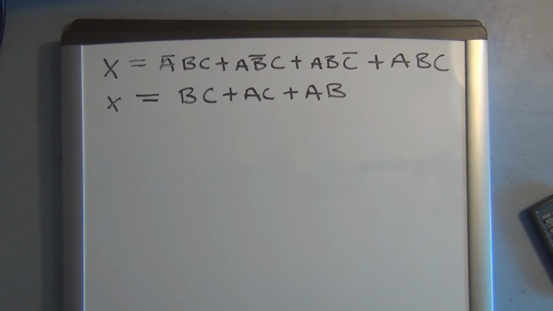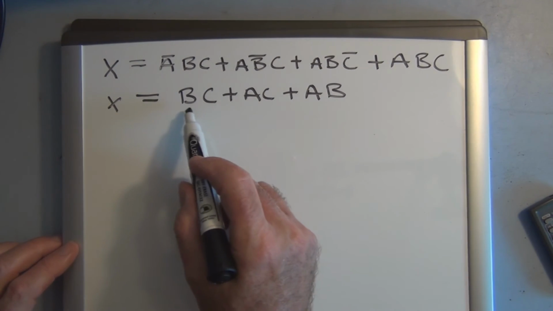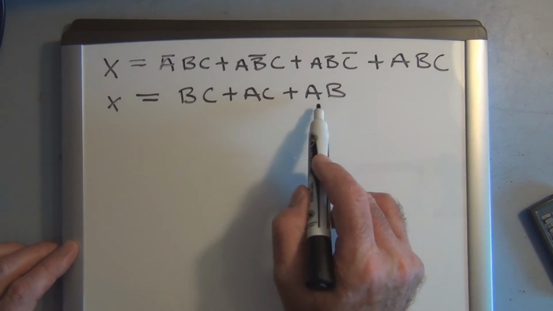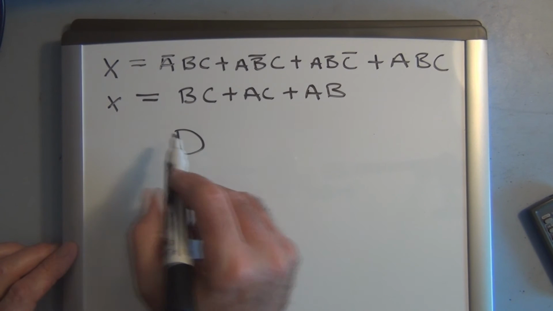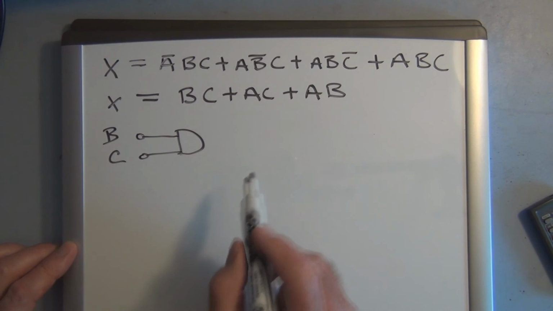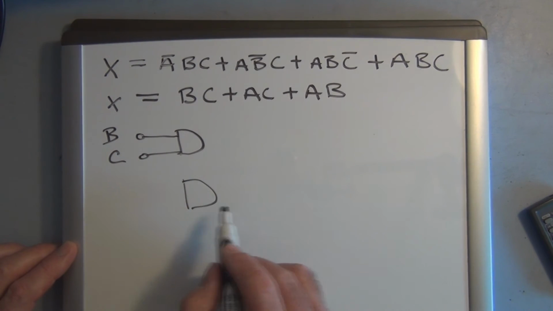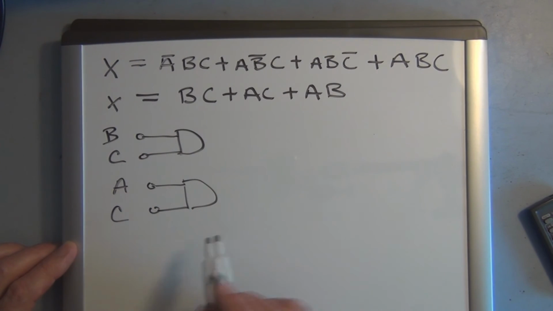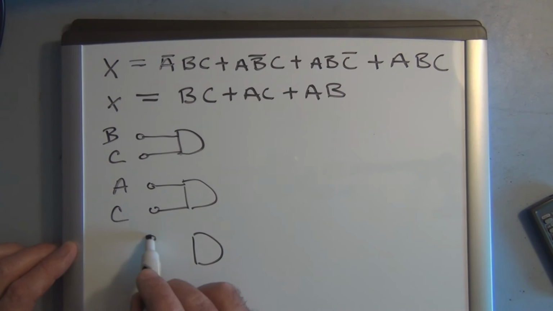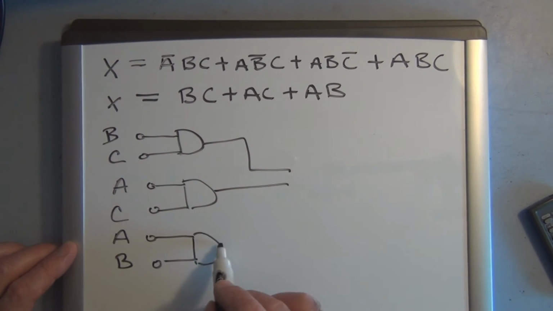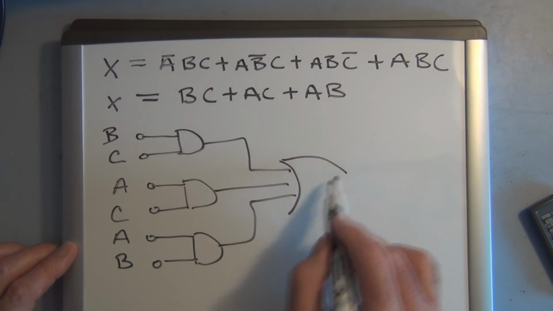So these two expressions are equivalent, and this is the simplified one, and it is just 3 two-input AND gates. Here we have inputs B and C, and here we have another two-input AND gate with inputs A and C, and here another AND gate with inputs A and B. And those feed a 3-input OR gate.